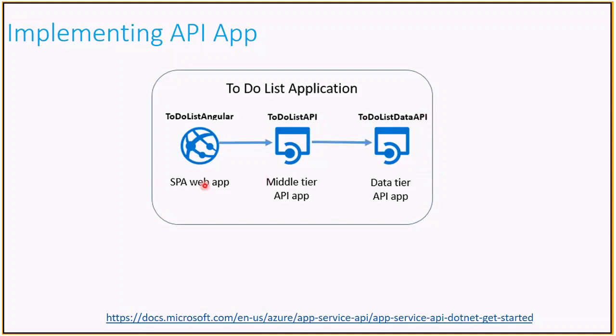So you can think of this as my front end layer, this as my middle tier, and this as my data tier. This is a complete three-tier architecture which we would have while running this application.